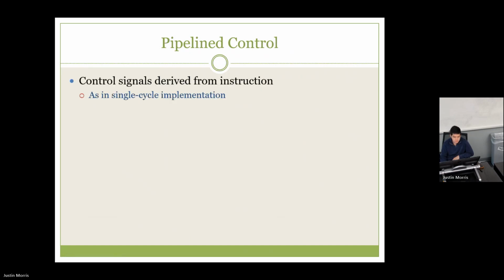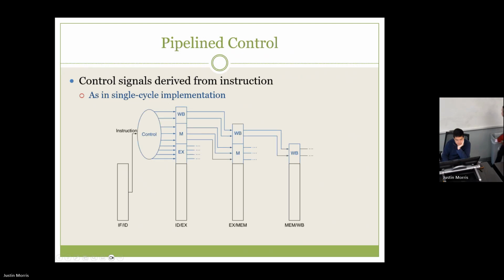So previously, our control signals were derived from the instruction in the single cycle implementation. And we're gonna do it the same way, right? So we have that same control block. It's just in the decode stage. We get opcode from the instruction. And then we're gonna calculate all of our control signals.